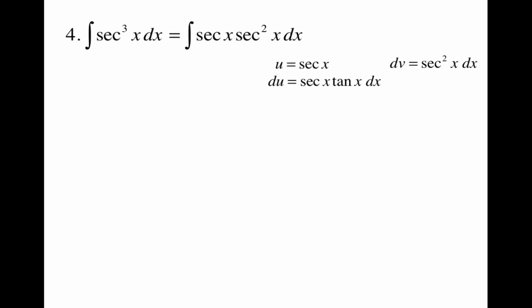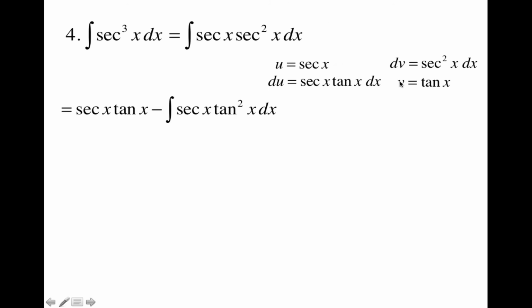And so that means my du is secant tangent dx, and the antiderivative of secant squared, well, that's tangent. So now when I set up the integration by parts, I'm going to multiply the u times v, so secant times tangent, minus the integral of v times du, and so that gives me secant tangent squared dx, since I have two tangents here.